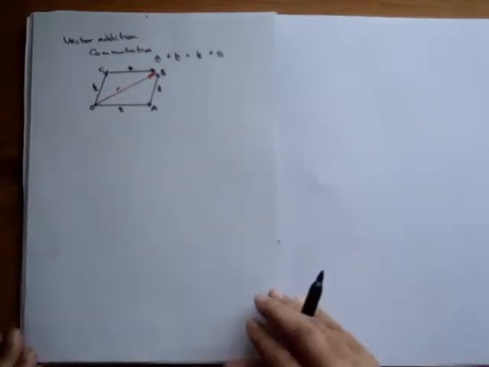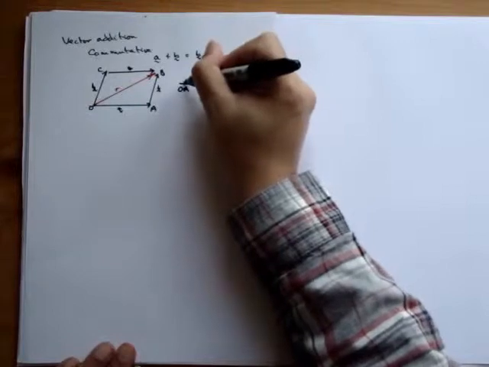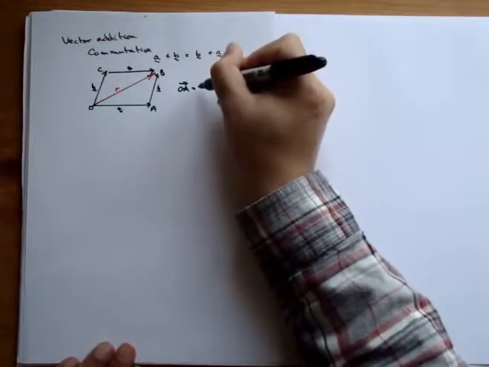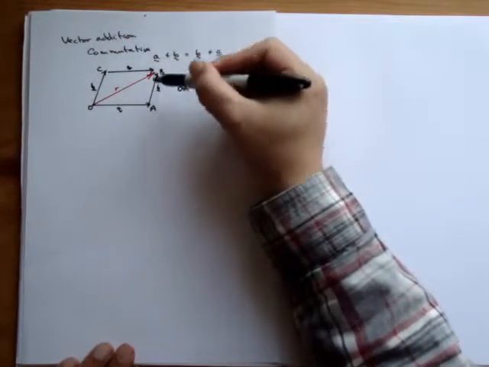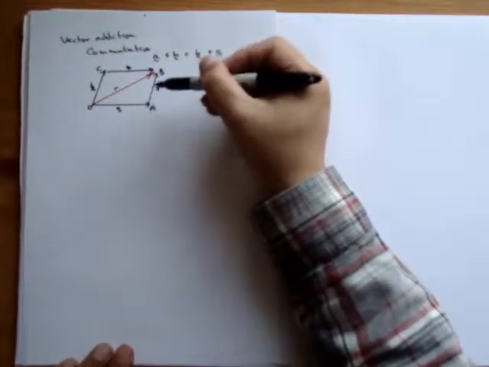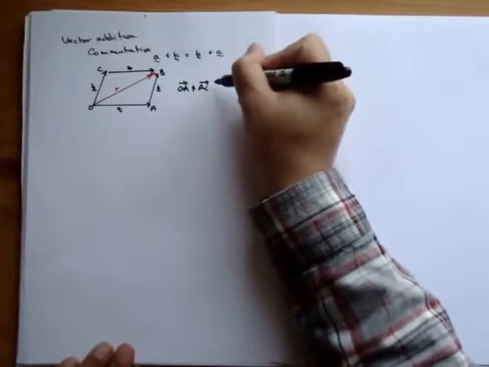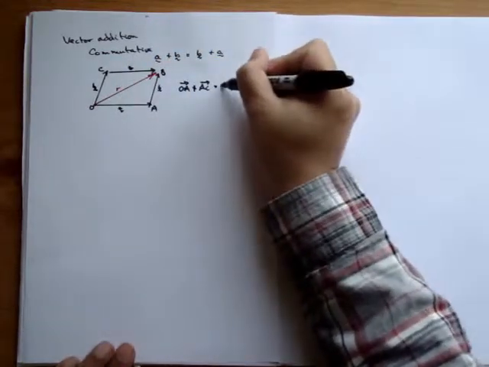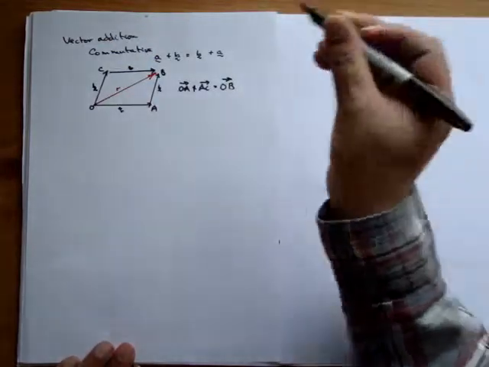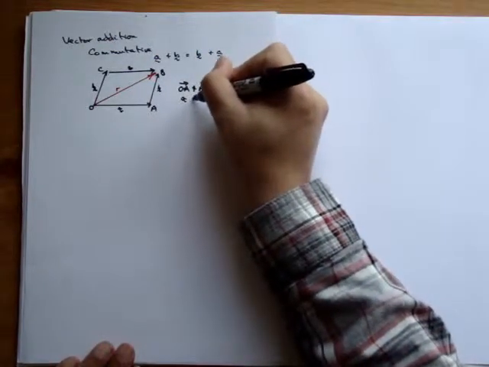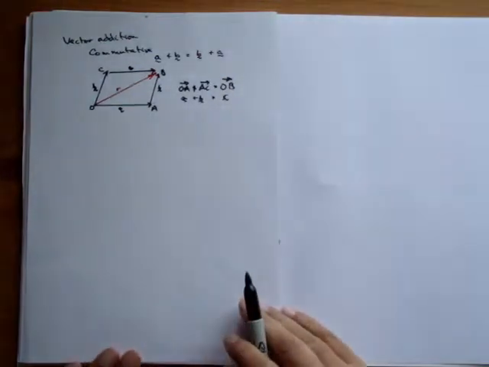So if we look at our parallelogram, our vector OA plus AC equals OB, which is our resultant. So this means that A plus B equals R, which is our resultant vector.